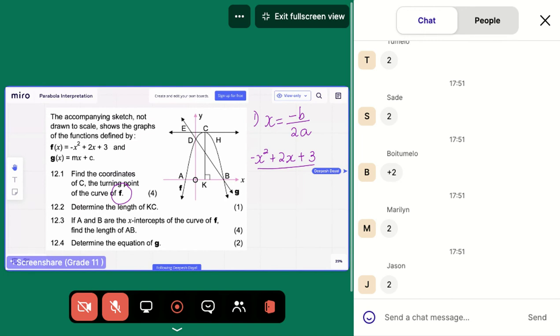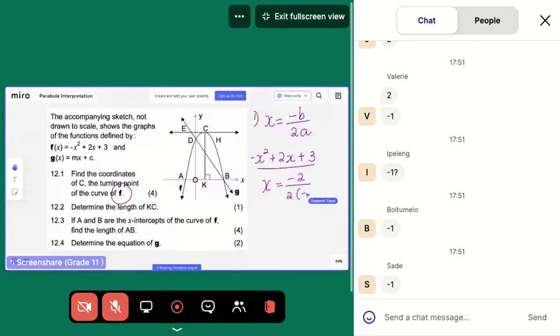And a, what is the value of a? Yes, minus 1. Okay, so to find the turning point, we're going to say x equals minus b over 2a, which will be minus 2 over 2 times minus 1. So minus 2 over minus 2, which will be 1.